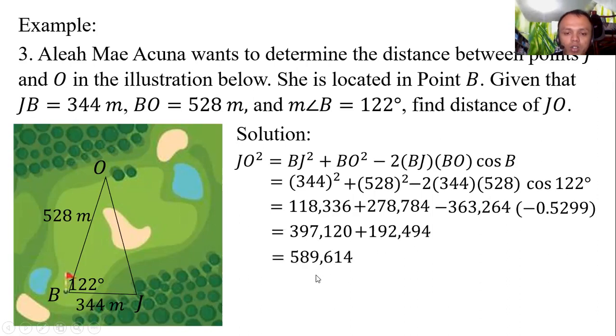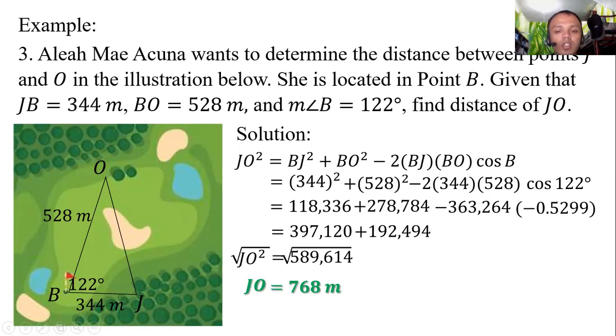Add natin to, then we have 589,614. Then get the square root of both sides. Your JO here, nasa rounded form na siya, naka-round off na, is equal to 768 meters. Ito yung distance niya, 768 meters.